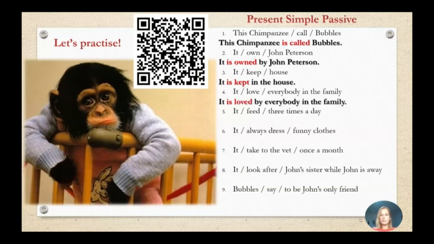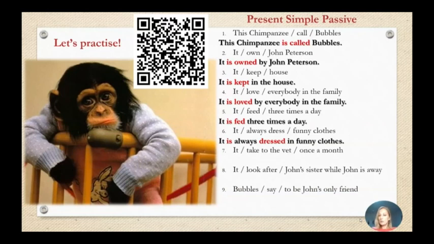It is loved by everybody in the family. It is fed 3 times a day. Fed is the past participle of the verb feed. It is always dressed in funny clothes.